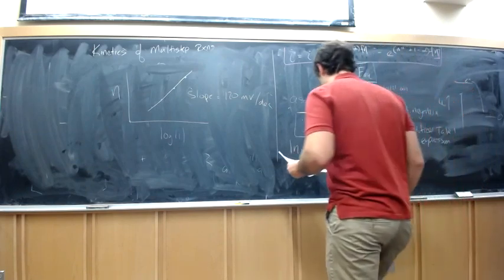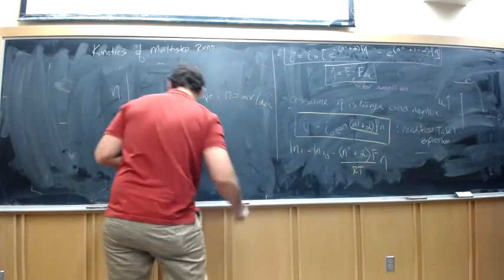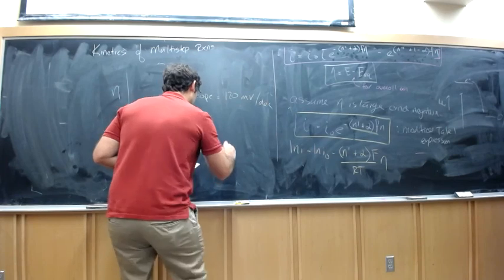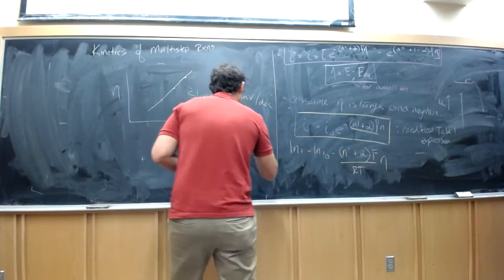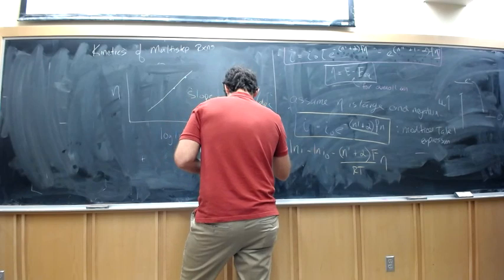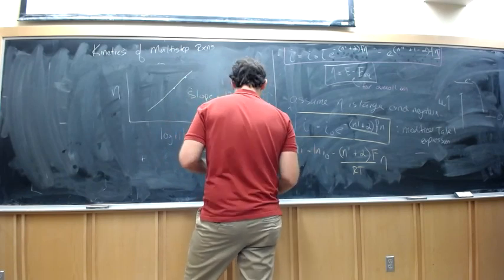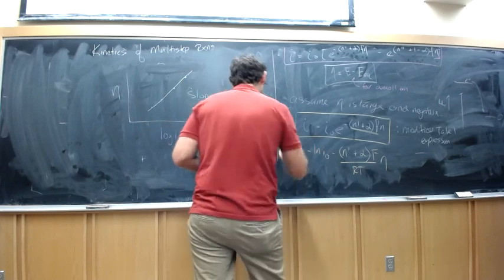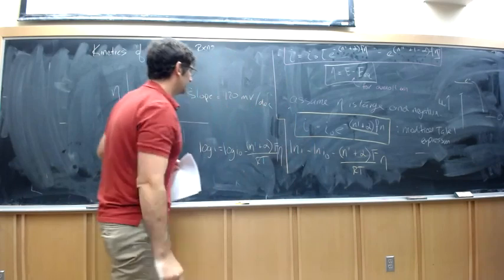And then we can convert to log base 10: log I equals log I naught minus n prime plus alpha f over 2.3 RT eta. Okay.